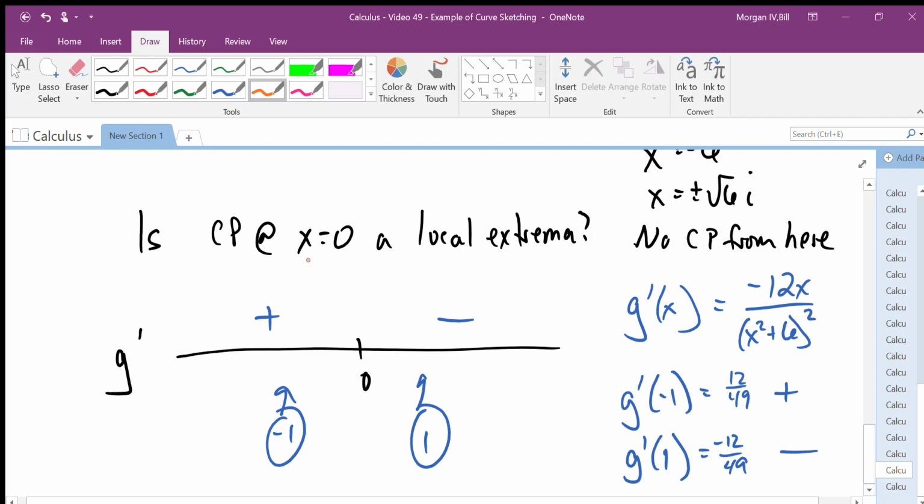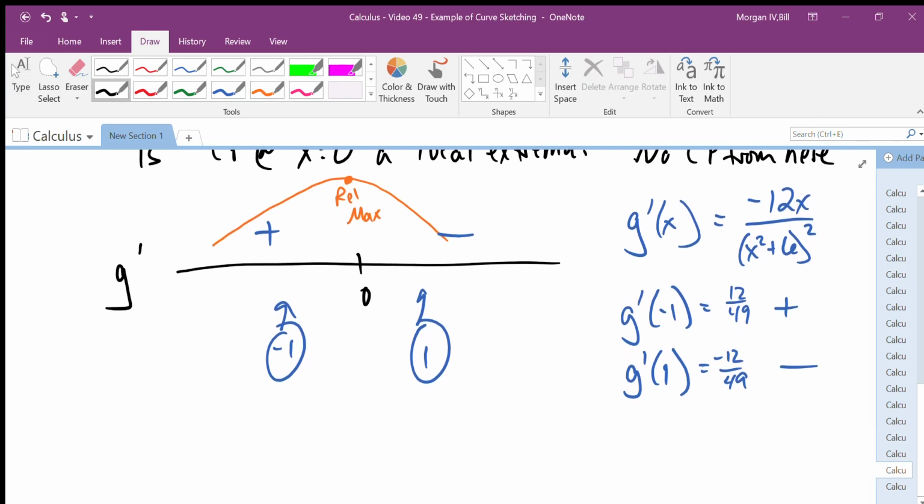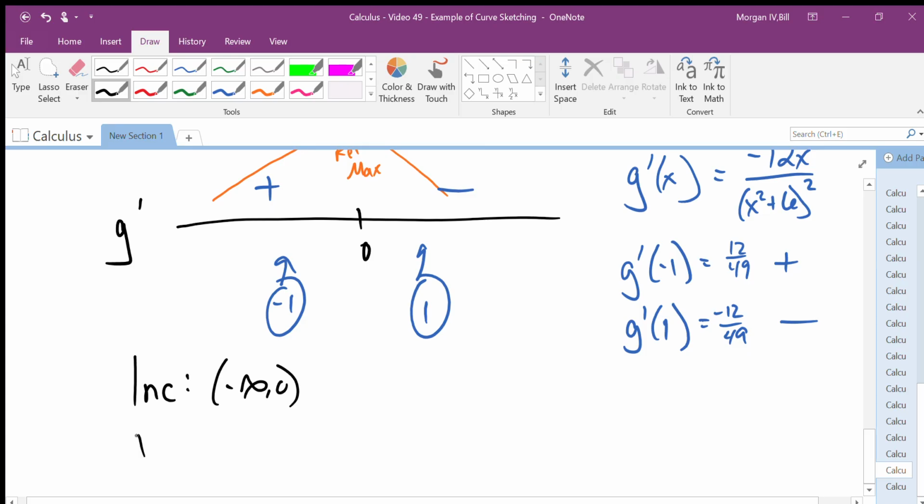That means 0 will be a relative max, or local max. So the information is we have increasing from negative infinity to 0, decreasing from 0 to infinity.